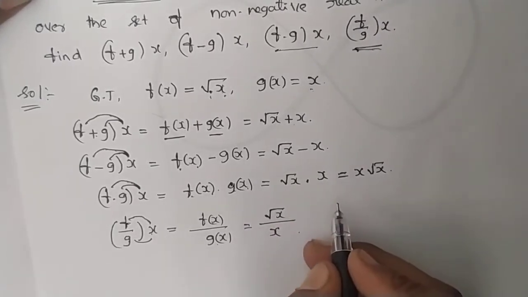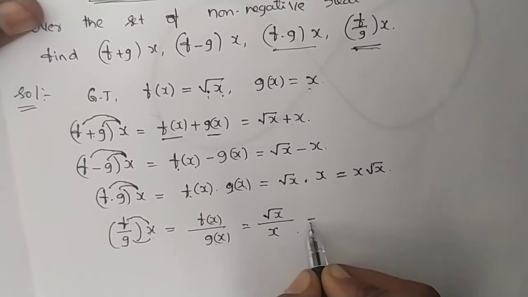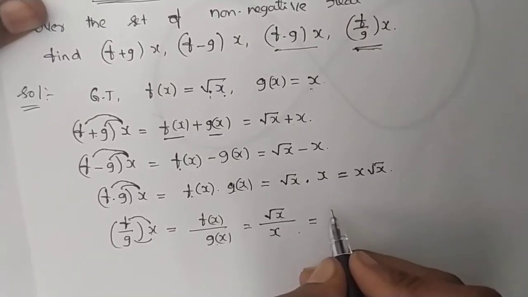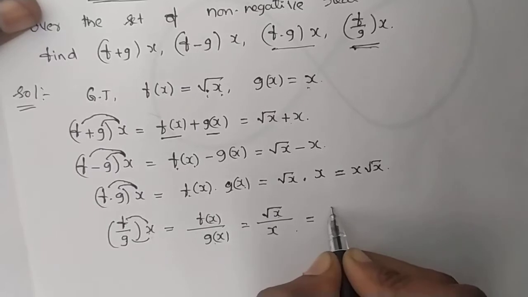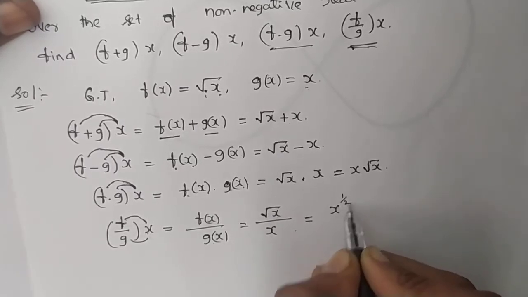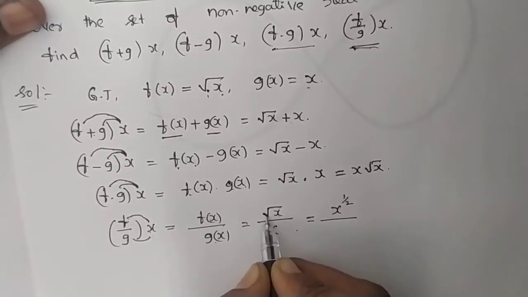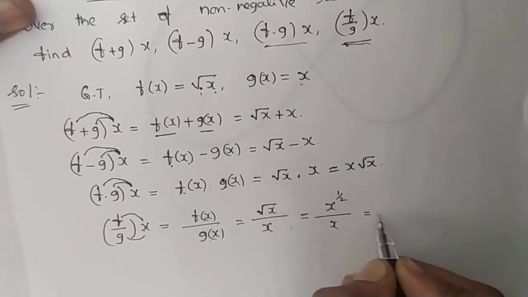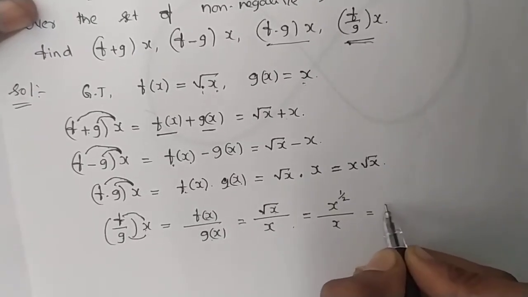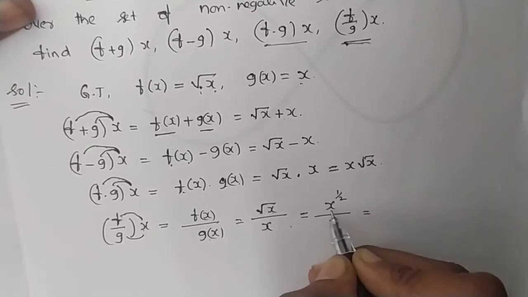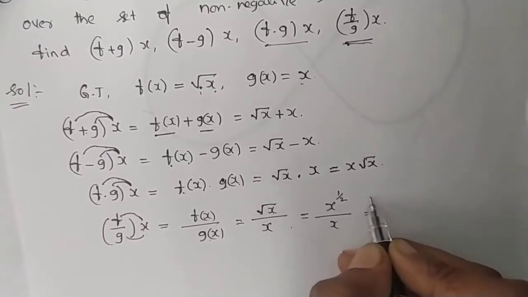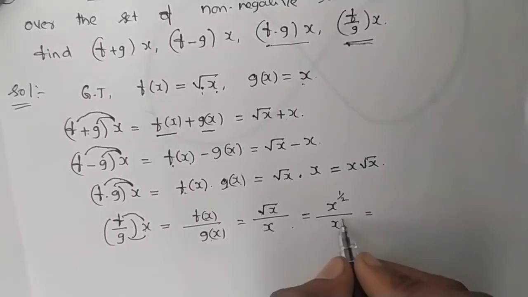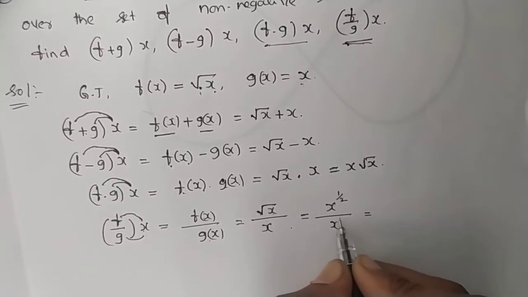If you want to simplify more, you can write root x as x power 1 by 2. Root represents 1 by 2, so x power 1 by 2 divided by x. I already told you in the bridge course that a power m divided by a power n is a power m minus n.